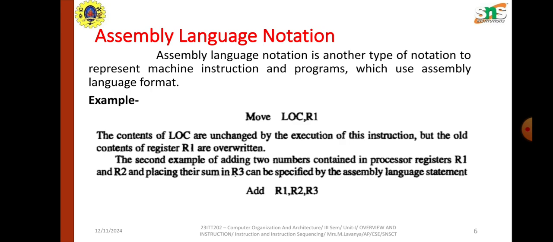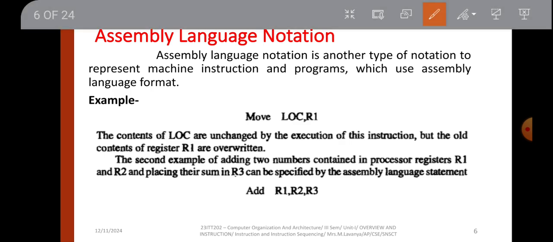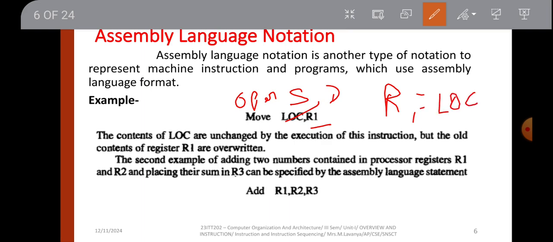The last address is the destination, where R1 is the destination and the source is mentioned previously. The operation to be performed is to move the value of LOC to R1, so R1 = LOC. For performing this operation, the command in assembly language notation is MOVE LOC, R1.